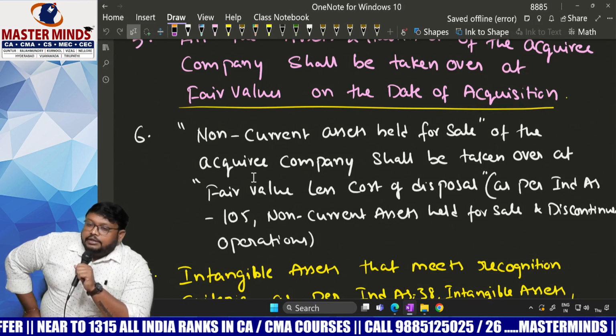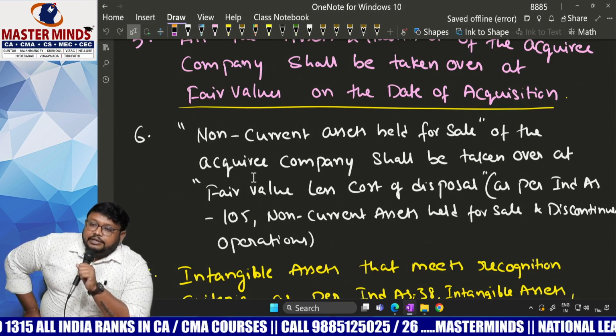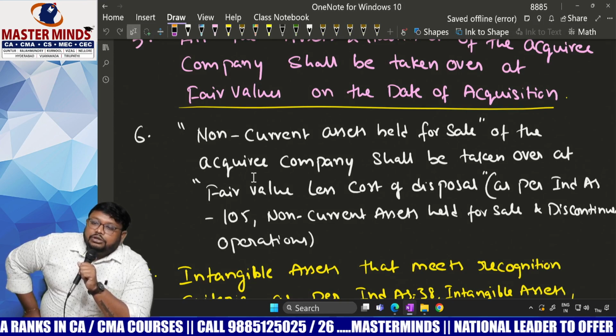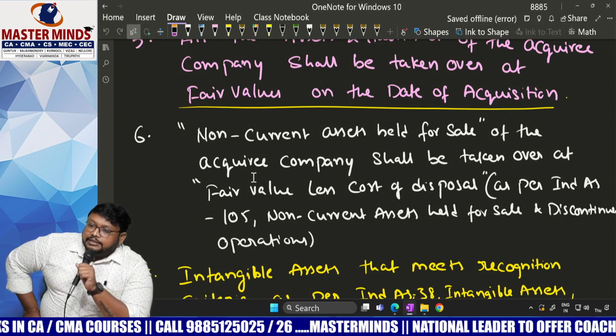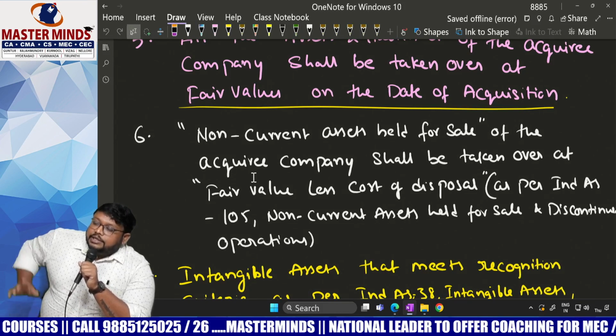But in some exceptional cases, like if any non-current assets held for sale are there, you should not directly recognize that fair value. We have to recognize fair value less cost of disposal according to Ind AS 105.